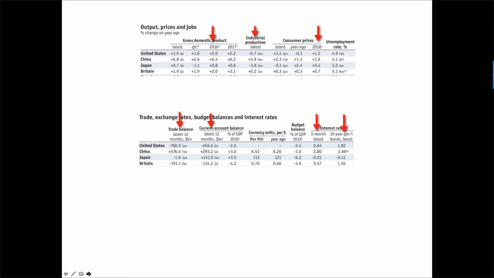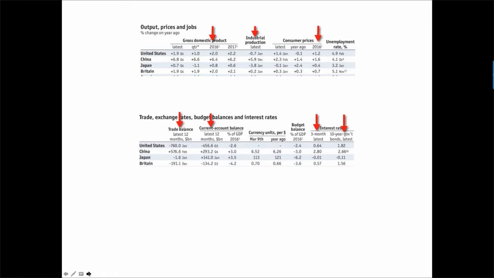That's a 0.5% difference. So all other things being equal, the US, because it has higher inflation, should depreciate by 0.5% per year. You just simply take the difference between the two and you look forward a year. So all other things being equal, the US dollar should lose 0.5% over the next year.